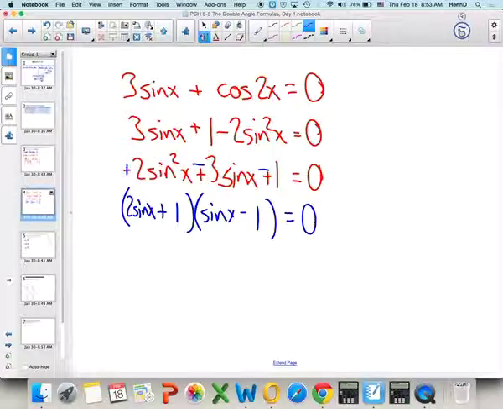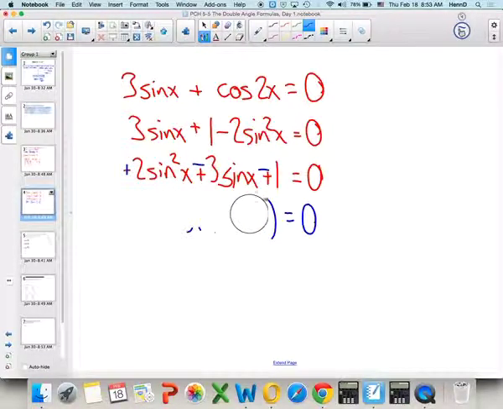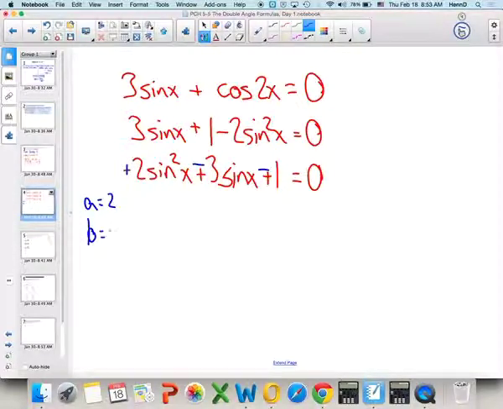Quadratic formula. Yeah, quadratic formula, alright? So, A is 2, B is -3, C is -1, and once we figure out the quadratic formula, what is that going to tell us the value of? The sine of x.